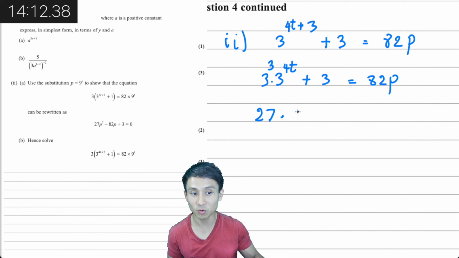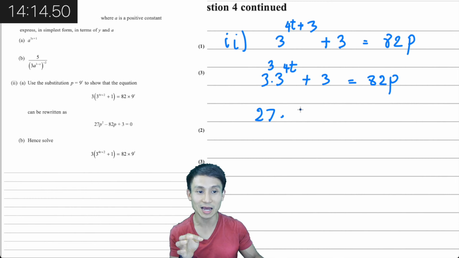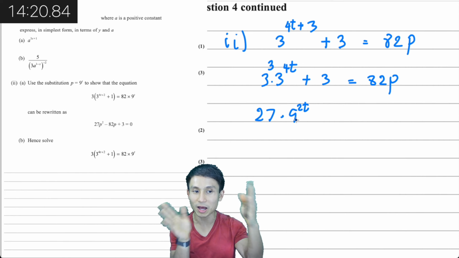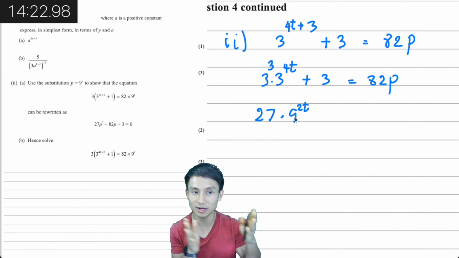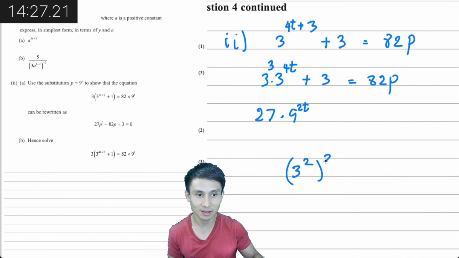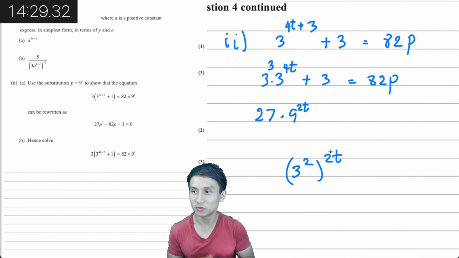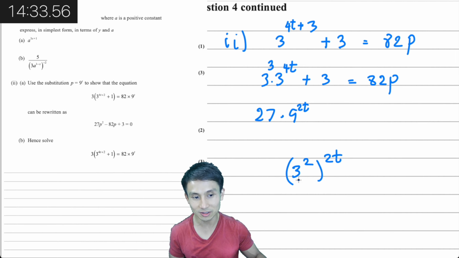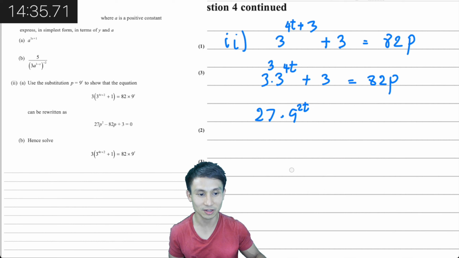Now 3 to the 4t, we can do something to get the 9 to the t there. So 3 to the 4t is 9 to the 2t, right? It's just splitting the power of 4 into 2 times 2. If you inspect backwards, you get 3 to the 4t. So the 3 to the 2 here becomes the 9. And then I have minus 82p plus 3 equals 0.